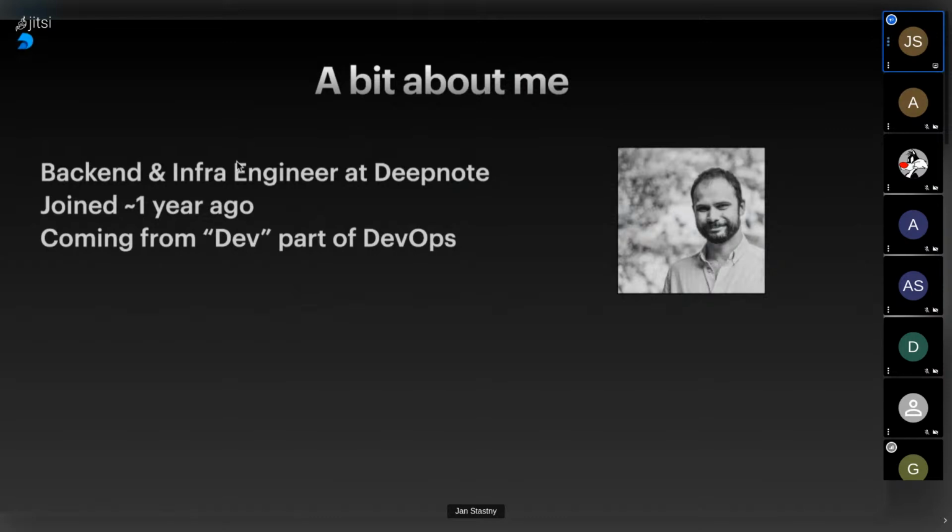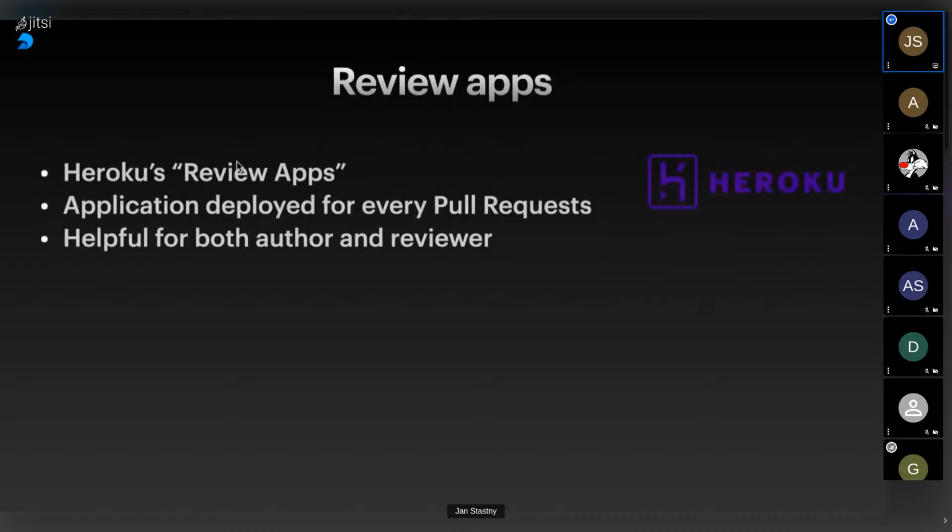As for me coming to this meetup, which is supposed to be for DevOps, I'm coming originally mostly from the dev part. I am a software engineer. I used to be an engineering manager building software, but recently I have been quite a lot in touch with infrastructure, mostly because I like it and also because it's an important part of our product.